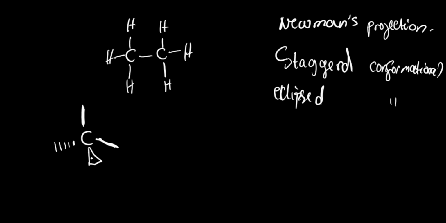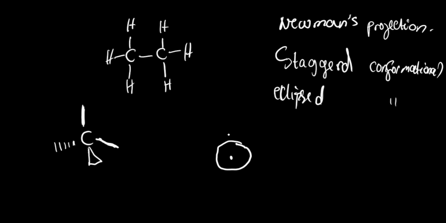The solid wedge represents bonds that come out of the plane of the page, while the dashed wedge represents bonds that go into the page. Subsequently, a video would be made that would be more in depth on the three-dimensional nature of molecules. However, just as a brief overview, for the staggered conformation, we have the atoms as far away as possible from each other.